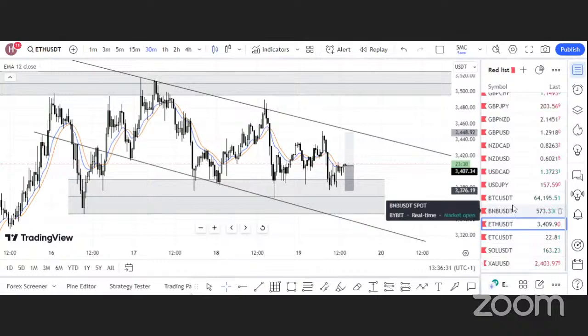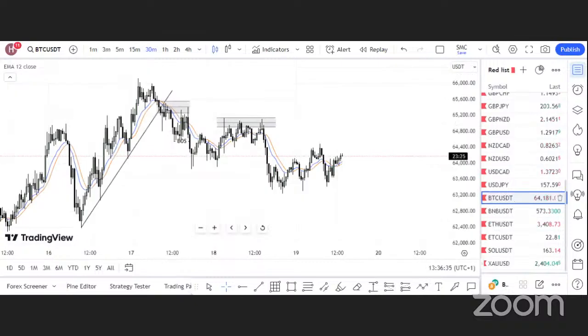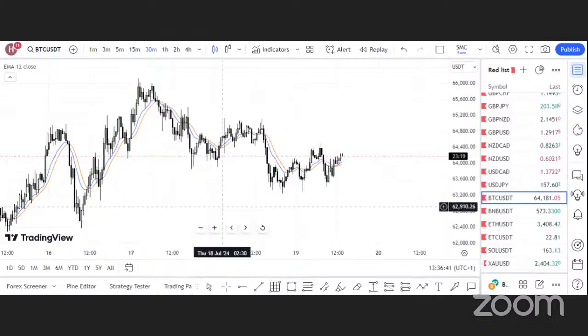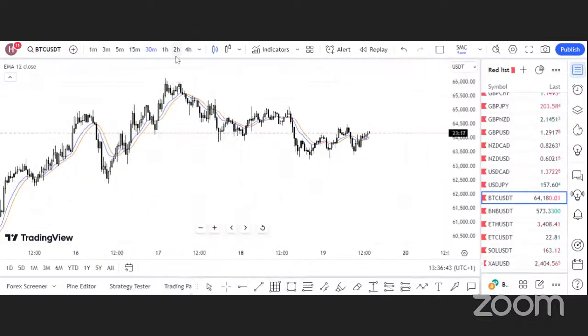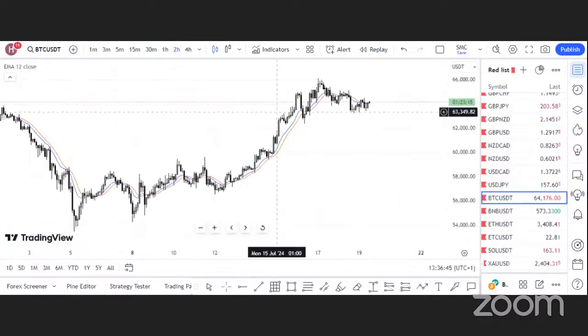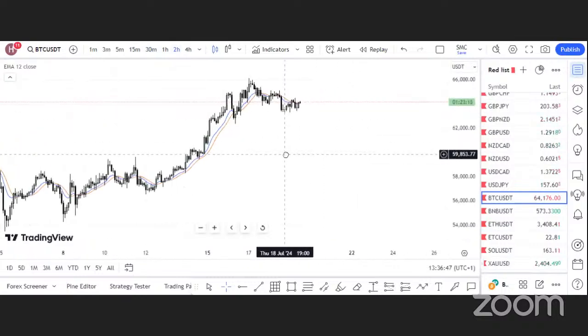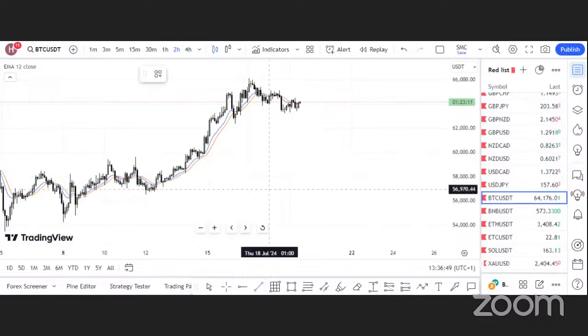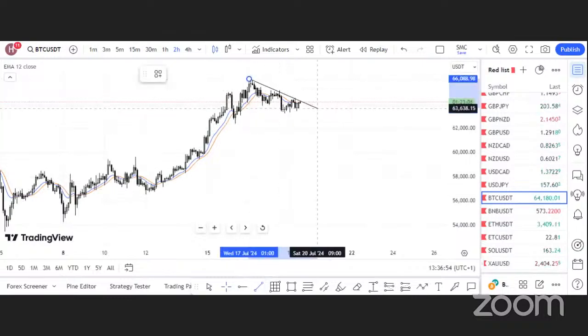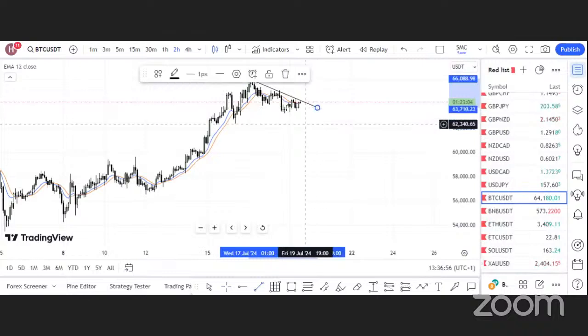Let's move on. We are done with Ethereum USDT. So I think we should make analysis on BTC USDT. All right. Let's make analysis on BTC USDT. We've been making analysis from the other crypto instruments, but we haven't made from the most important one, which is the BTC USDT.